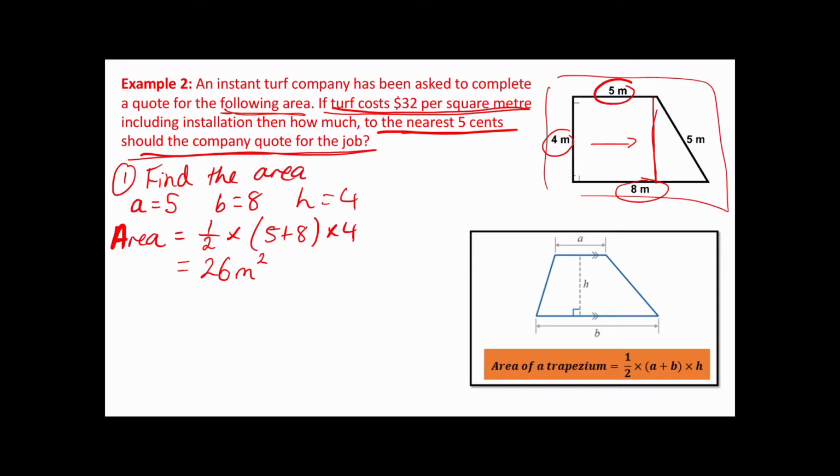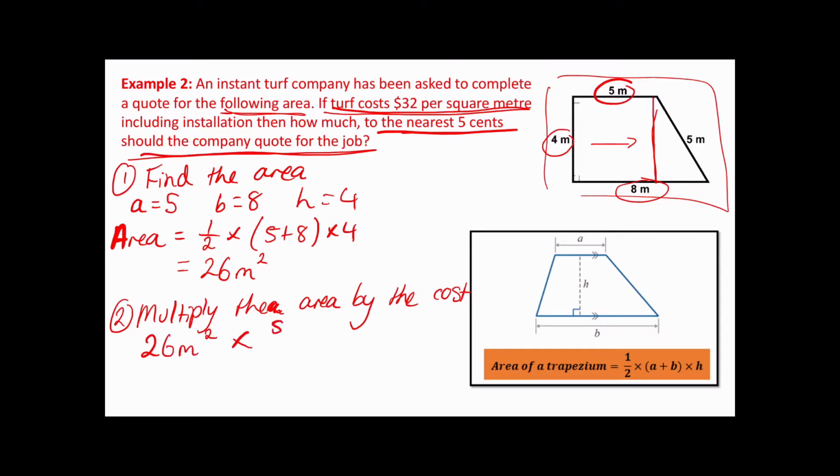Now I know how much I have to charge them for. So what I'm going to do is multiply the area by the cost. Okay, so we've got 26 meters squared, and I know I have to quote them $32 per square meter.